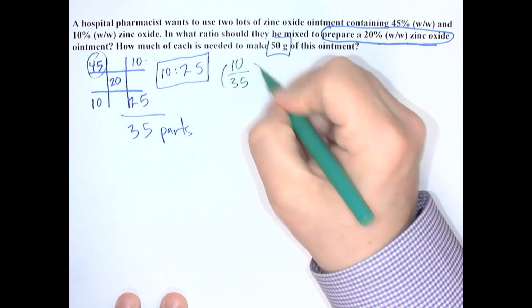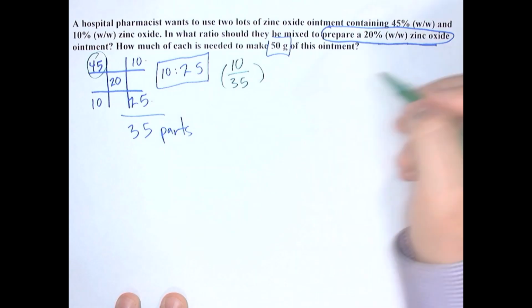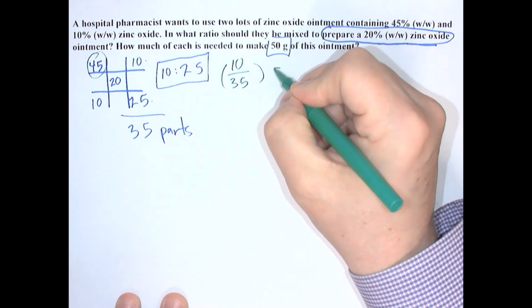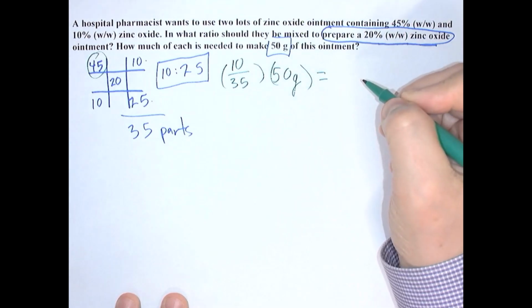So 10/35 times the 50 grams will give us the amount we need of the ointment with a 45% concentration.